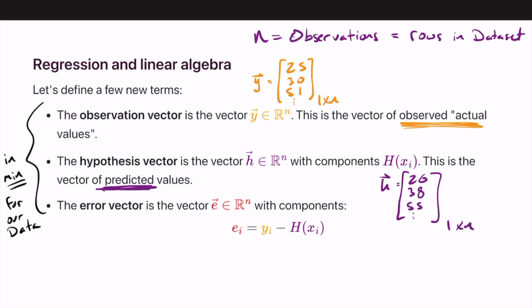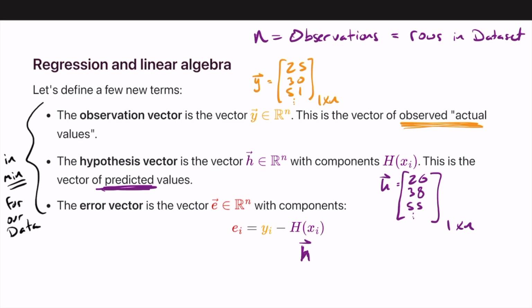And I suppose just to make it clear, this is just your H, because we get our predicted values through the hypothesis function. So the output of that hypothesis function is our H vector.